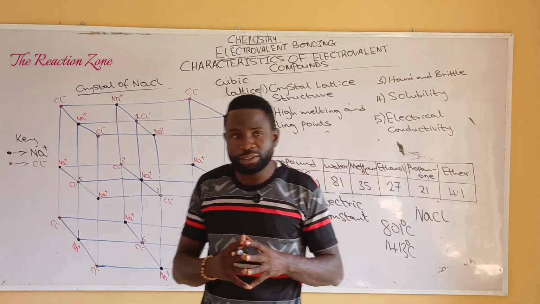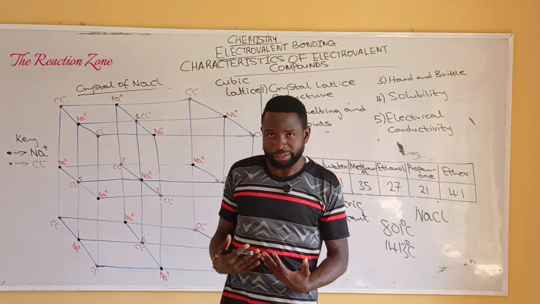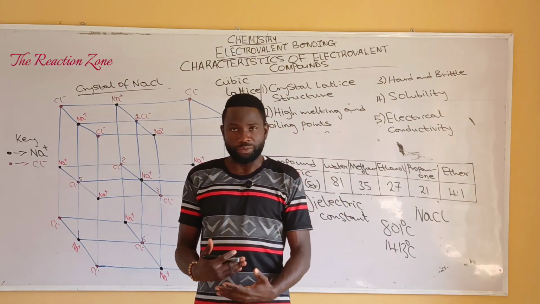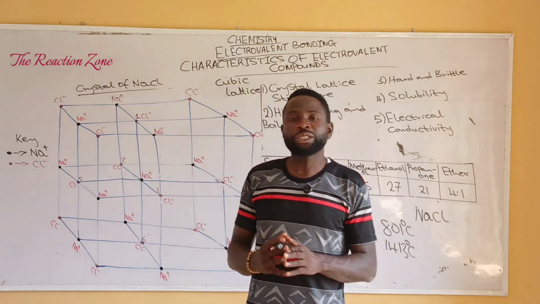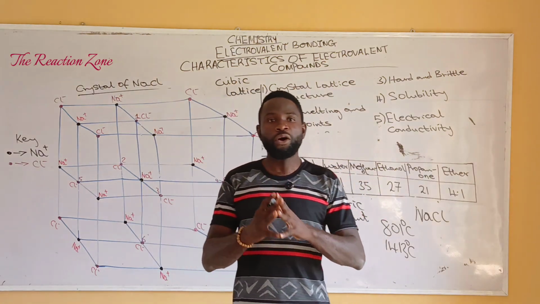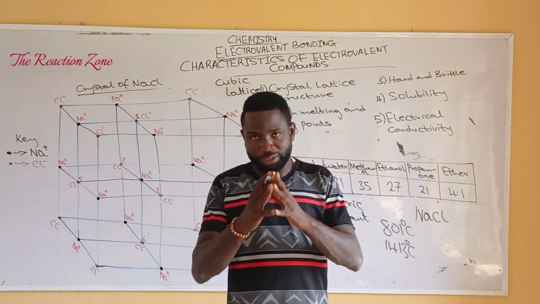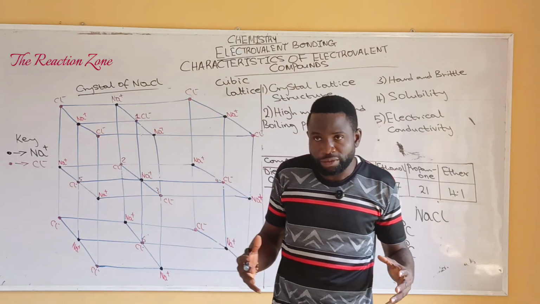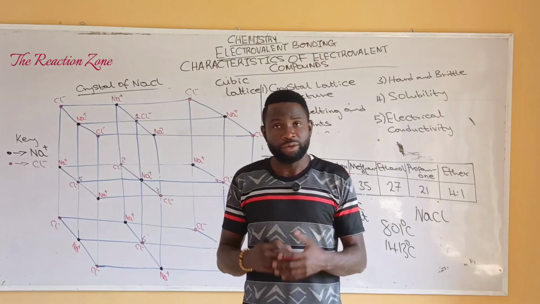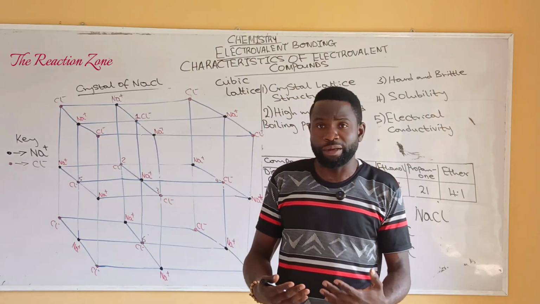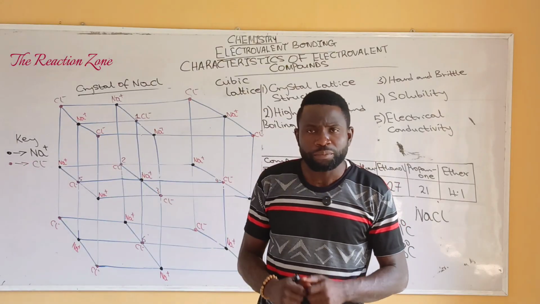Electrovalent compounds in the solid state are incapable of conducting electricity. This is because of the strong electrostatic forces of attraction which holds the ions in the lattice in fixed positions. In other words, making it difficult for them to move.